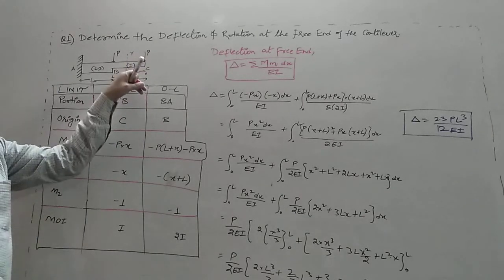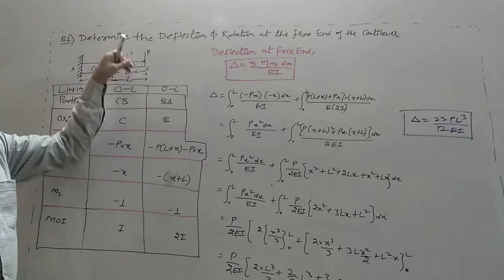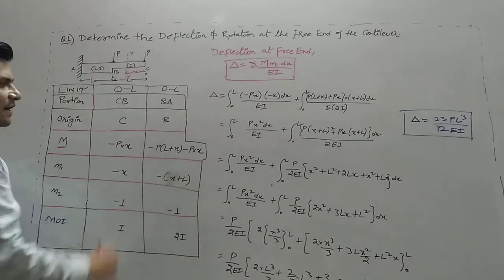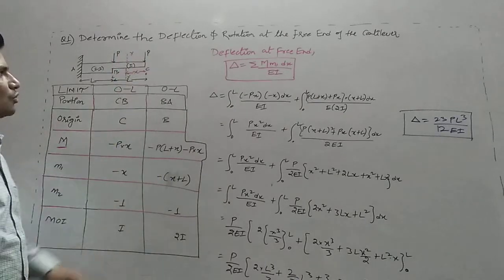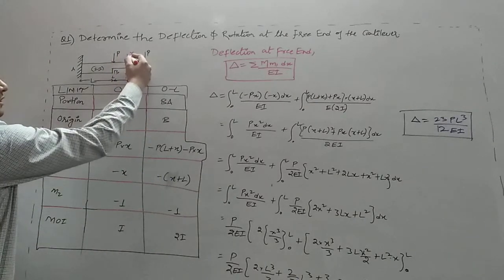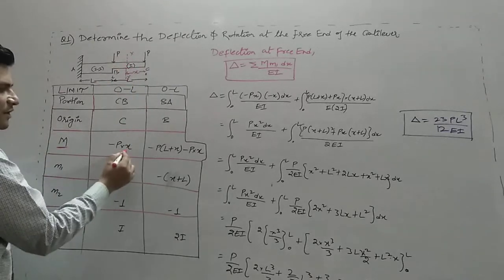So P into x is the bending moment for this segment at this section, with a negative sign because it is hogging in nature. So for the x-axis section, the bending moment value for this segment CB is minus P into x.